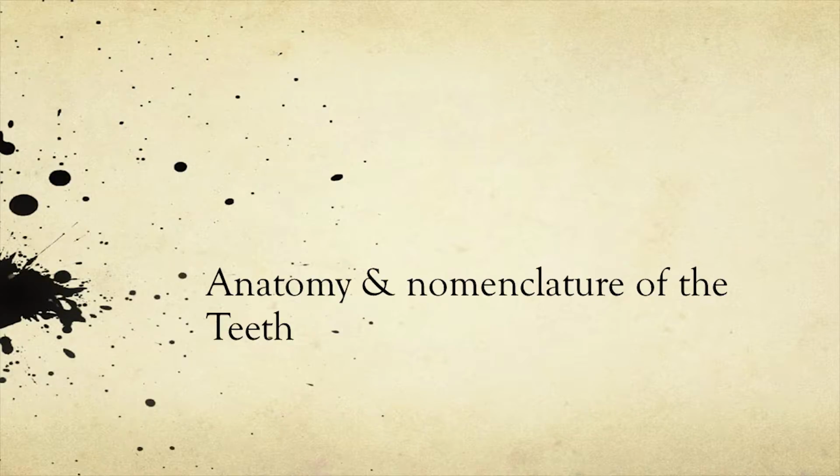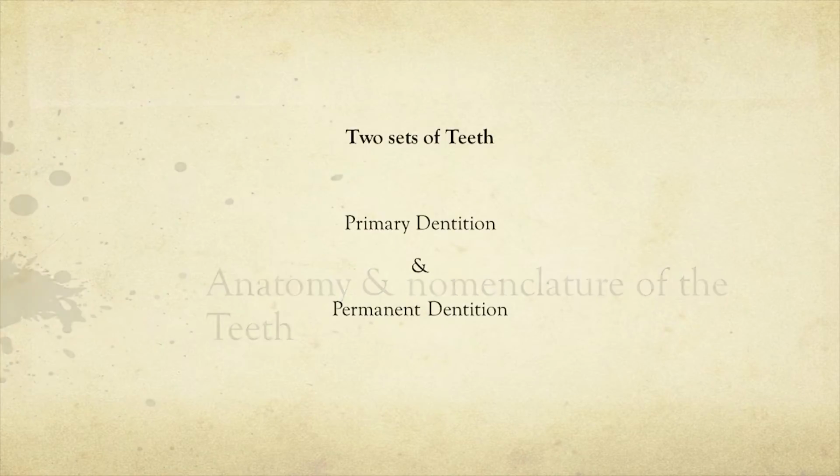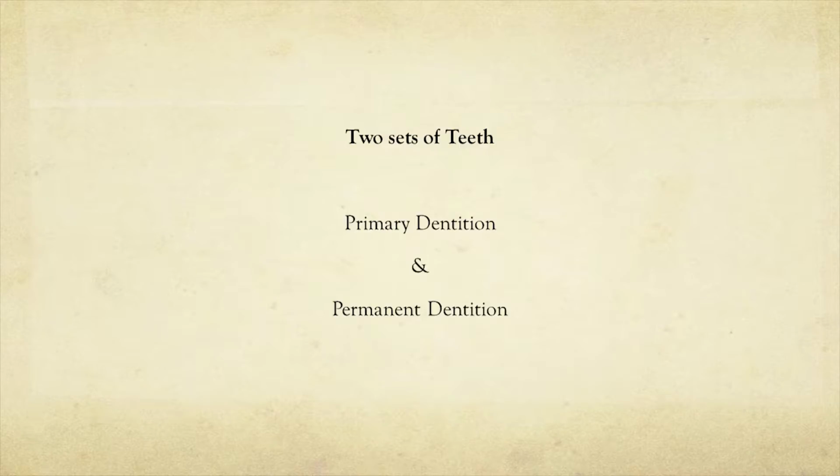So if you look at any dentition, we have basically two sets of dentition. We have a primary dentition and a permanent dentition, and there is a certain age of a person where you have both primary and permanent teeth, and that's called the mixed dentition phase.